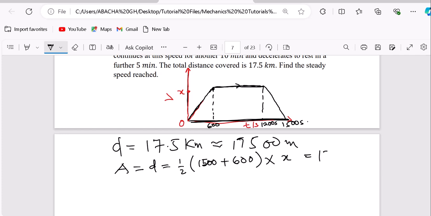That should give us 17500, like this. And so we take this part and solve.